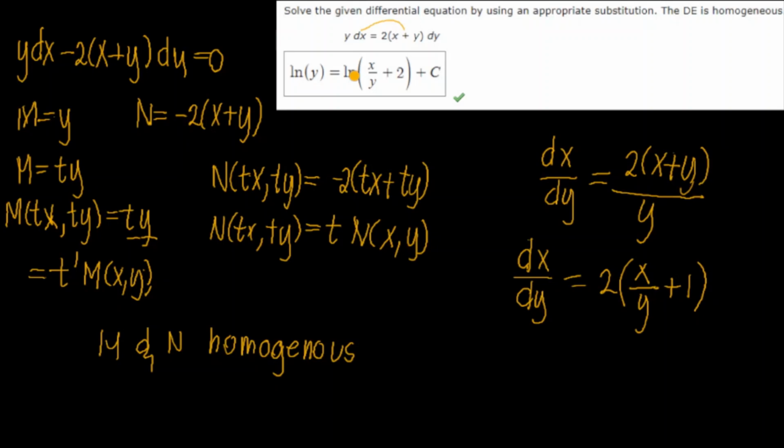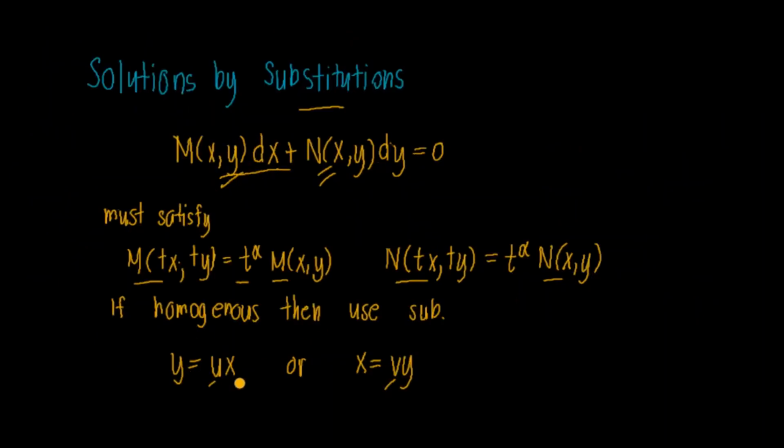Since our differential equation is homogeneous, we should choose from these: y is equal to ux or x is equal to vy. Since we're more comfortable with this choice, because our expression is now in terms of x over y, we already saw that our equation has this pattern x over y, so we'll use this.